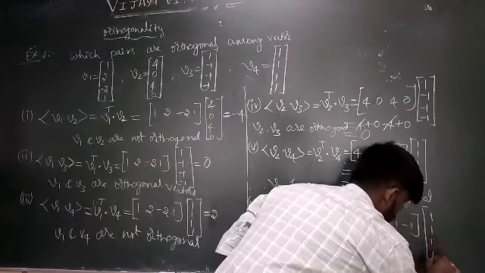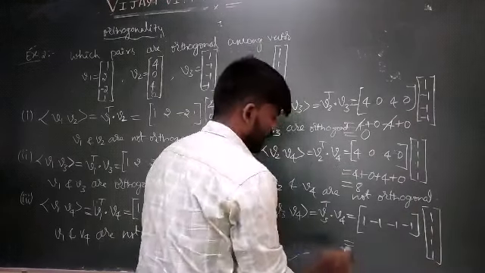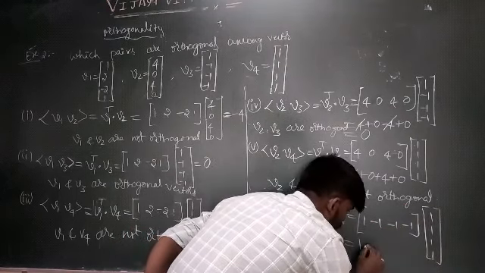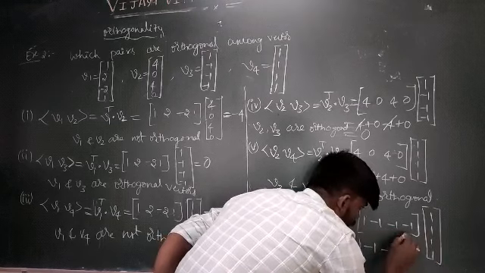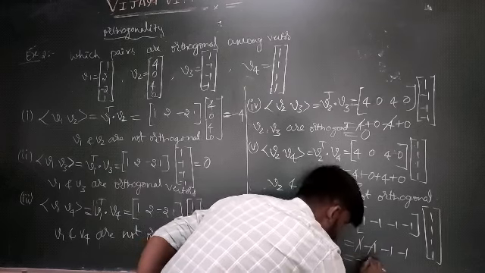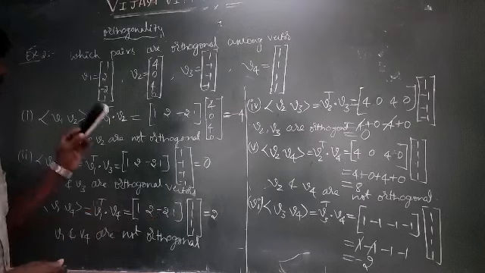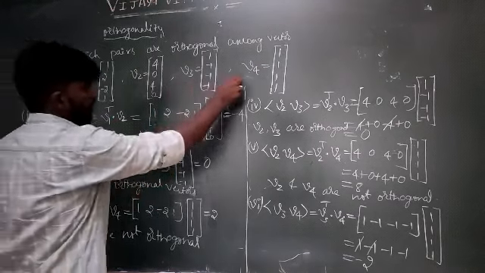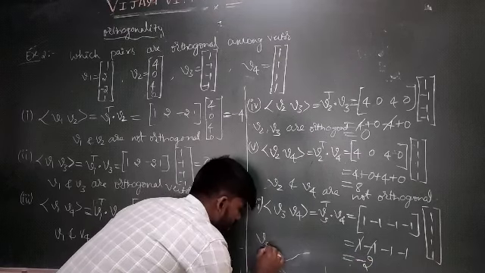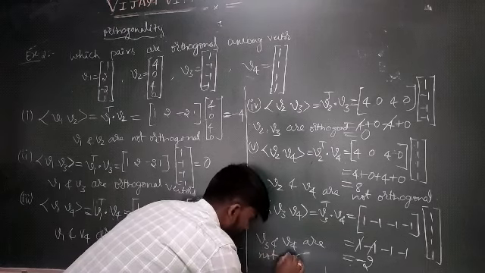The multiplication gives 1 into 1 is 1, -1 into 1 is -1, -1 into 1 is -1, -1 into 1 is -1. The 1 and -1 cancel, and the answer is -2. Therefore their inner product is not equal to 0, it equals -2. Therefore v3 and v4 are not orthogonal vectors.